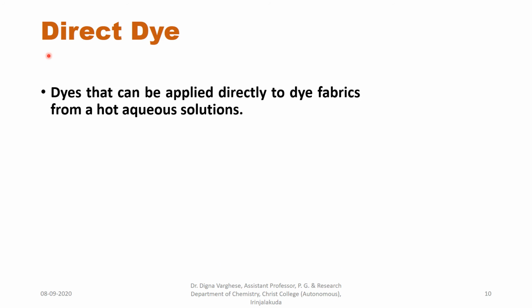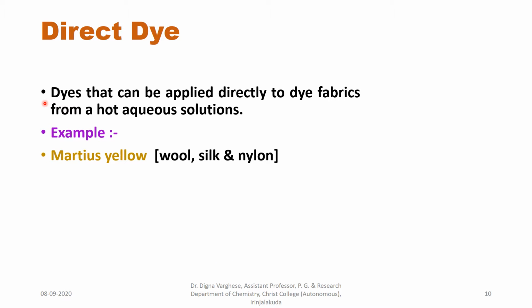Next, classification of dyes based on the mode of application, that is direct dye. Dyes can be applied directly to the fabrics from a hot aqueous solution. Example, Martius yellow, which is an example of an acidic dye. Here we can see the Martius yellow.